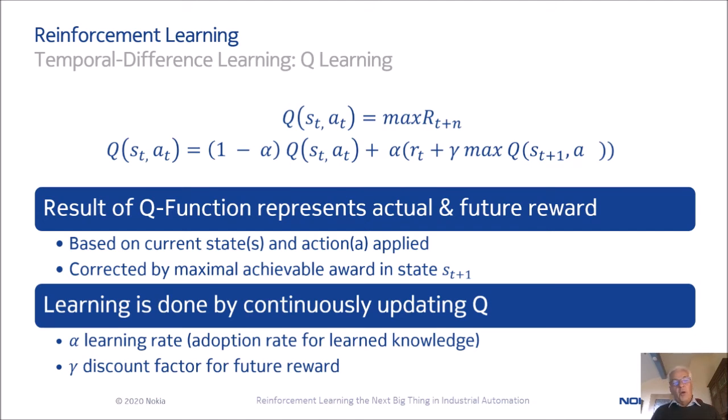You also put a learning rate into that and add in this new state action space the maximum reward you have seen for the future action state space. And by applying this formula on a value function, step by step, you are learning how the system behaves.